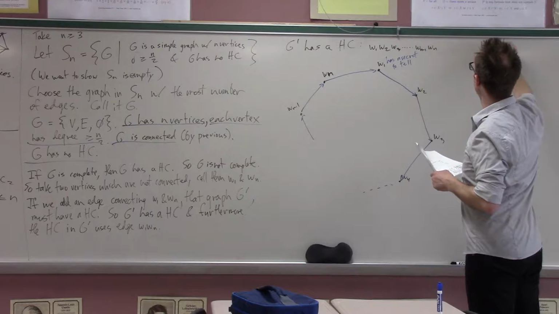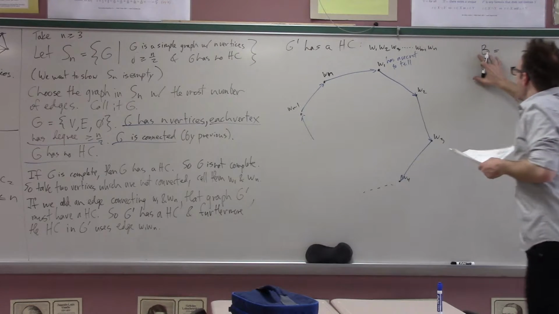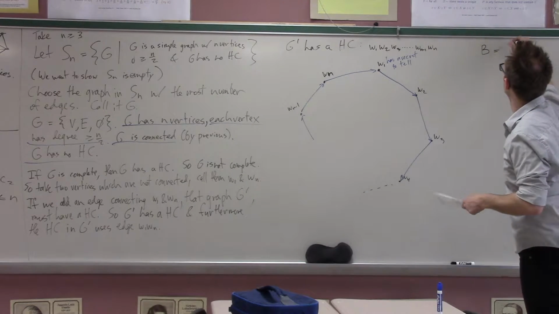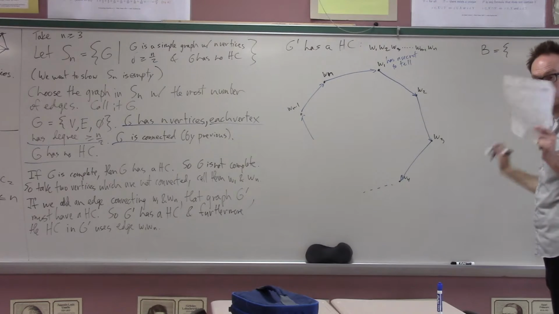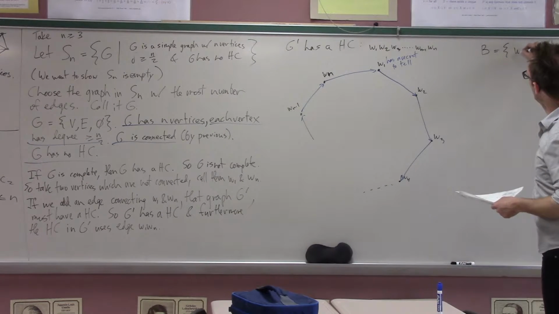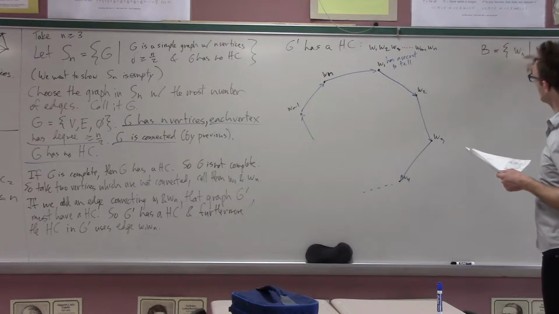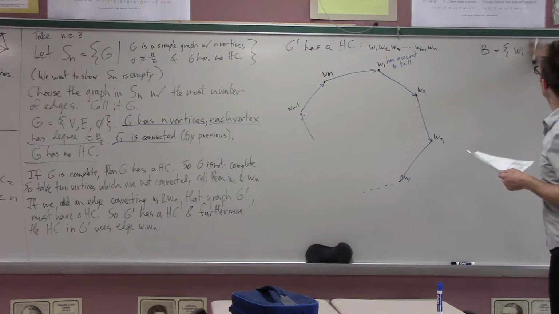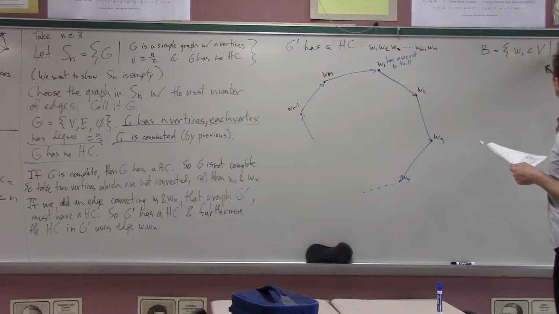In order to produce this sort of contradiction, and this is just Gauss's proof, just me trying to explain it a little bit better. Consider this set B. B is the set of all vertices in V such that Wi is friends with Wn, or there's an edge between Wi and Wn.